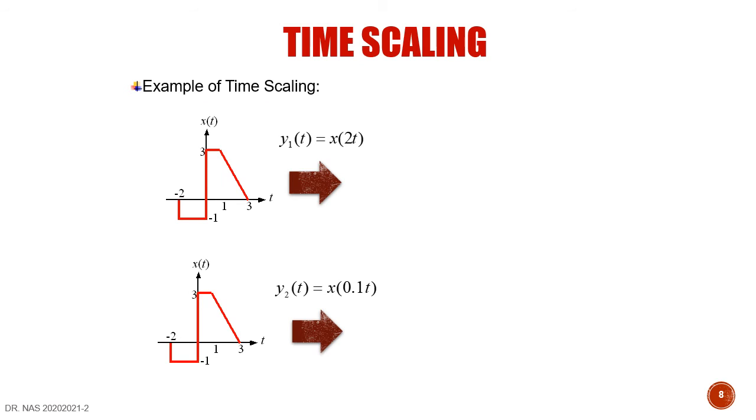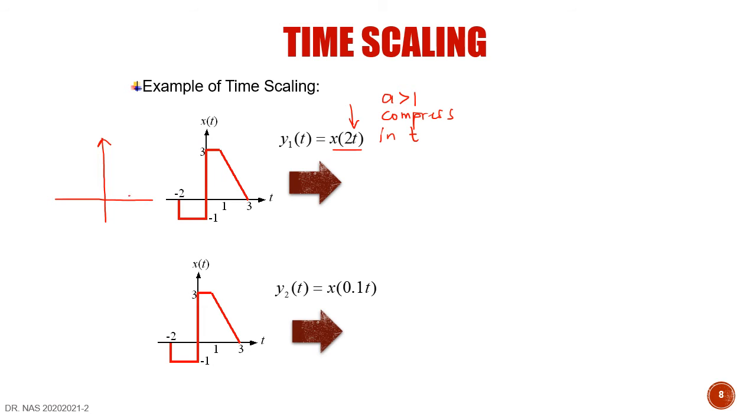Okay, another example on time scaling. Let's look at the first one, x(2t). Look at the a. In this case, a is larger than 1, so you know that the signal will be compressed in t. So you can just draw what happened to the t. Compressed means smaller.